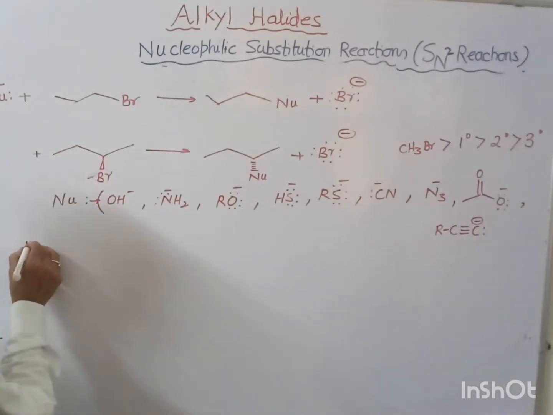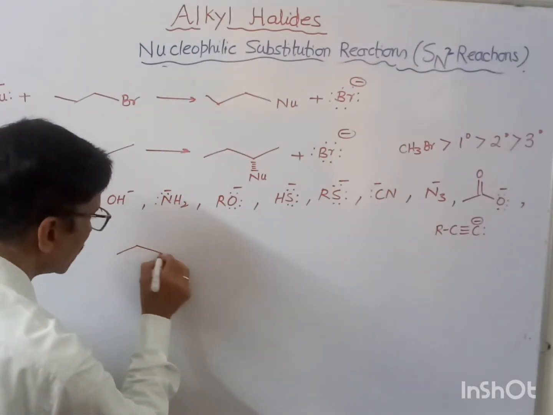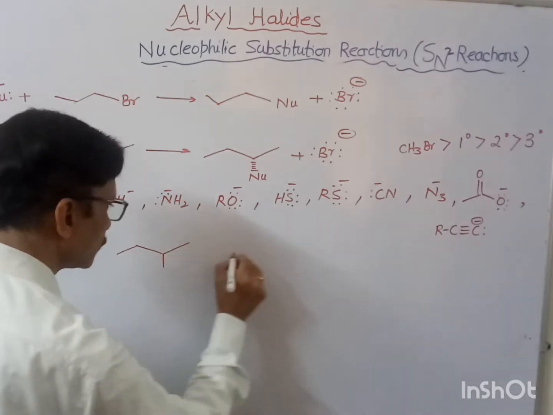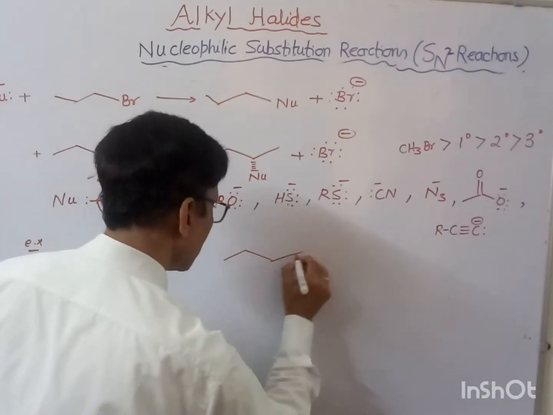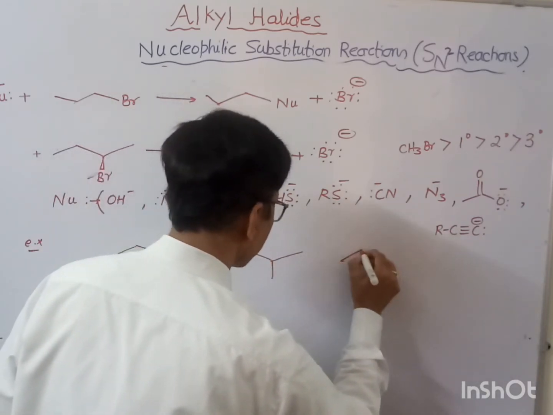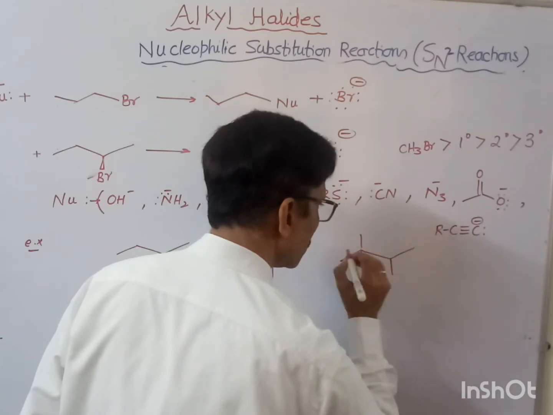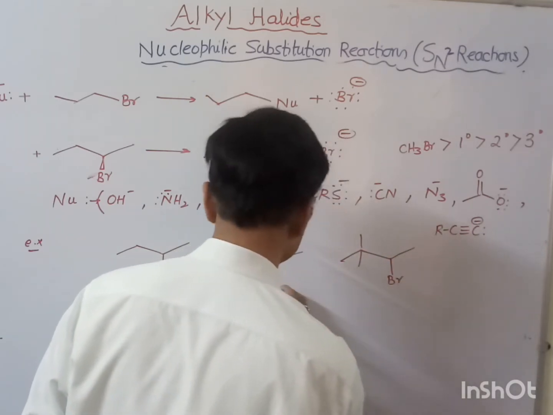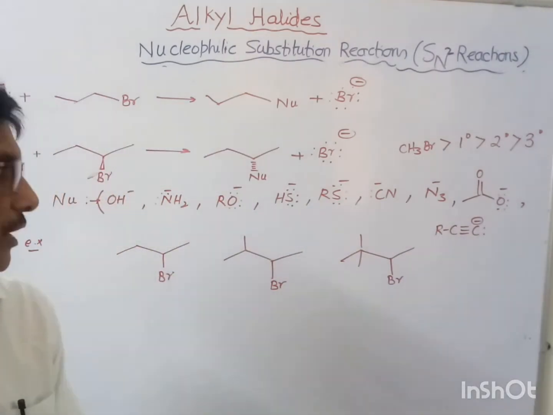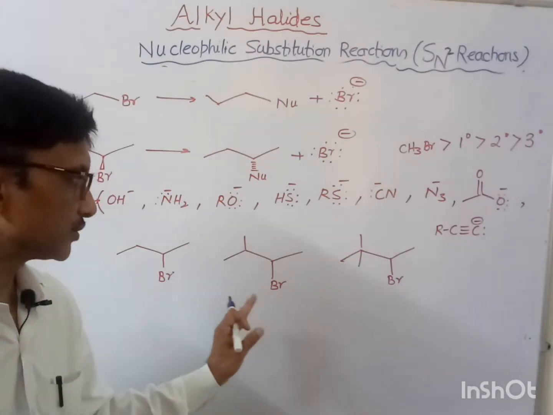Now let's take one of the examples. Suppose we have a substrate molecule, this is one substrate molecule, this is another substrate molecule, and next one is another substrate molecule, here bromide. Now out of these three substrate molecules, which will react faster, which will give the faster nucleophilic substitution reaction?